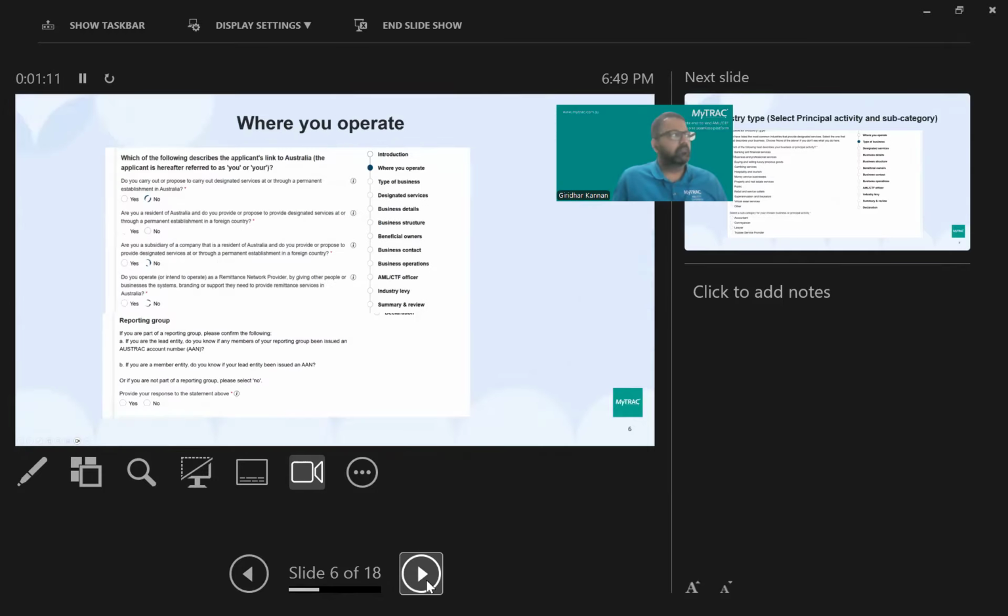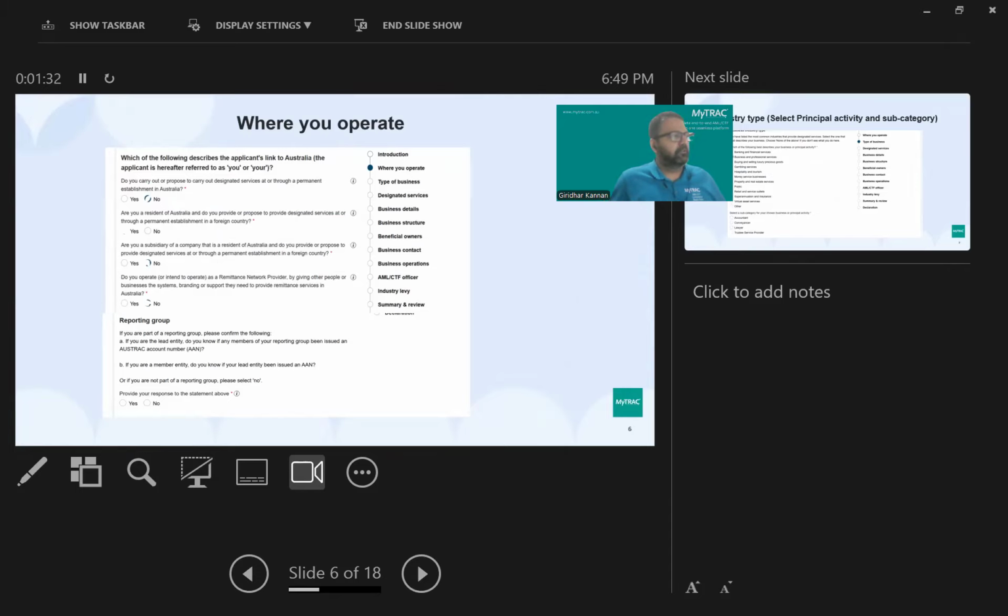The next one is we need to answer what it is that you do. For most of the practices, the first one is a yes, which says you are an establishment in Australia that carries on this business. And then this all talks about having foreign affiliation for your practice. So most of the times it is no. If you are a reporting group, remember we did this particular question in the risk assessment and in the AML program.